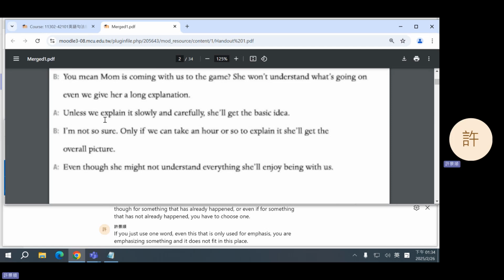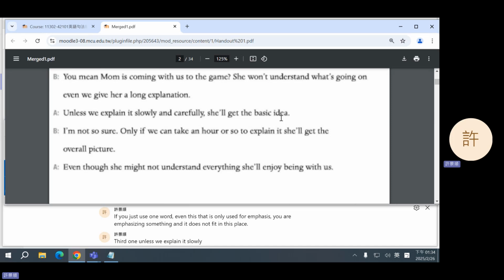Third one, unless we explain it slowly and carefully, she'll get the basic idea. Something is wrong here. 刘雨桐. Here's a hint. The sentence logic is wrong.